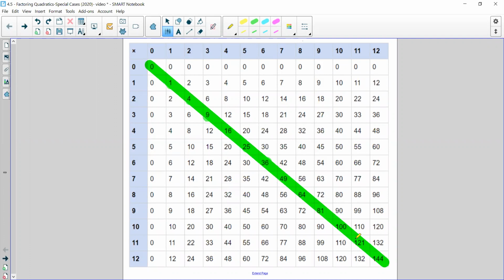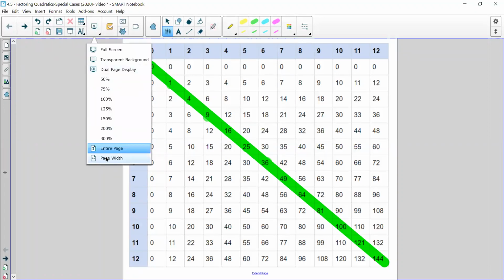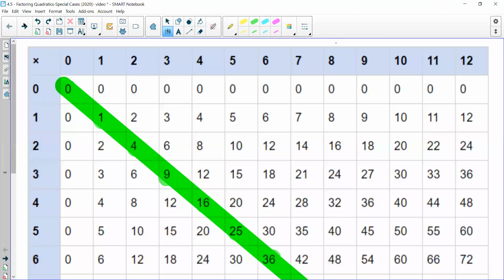Good idea to practice this multiplication, or at least know that these are very special numbers, because this will help tremendously in your factoring skills. So that's why this is part of what I'm doing here. You can find these online, or you can just refer to this one. But all of these numbers that are highlighted, and more, are going to be important in the factoring process we're going to be taking a look at today. So let's do that.